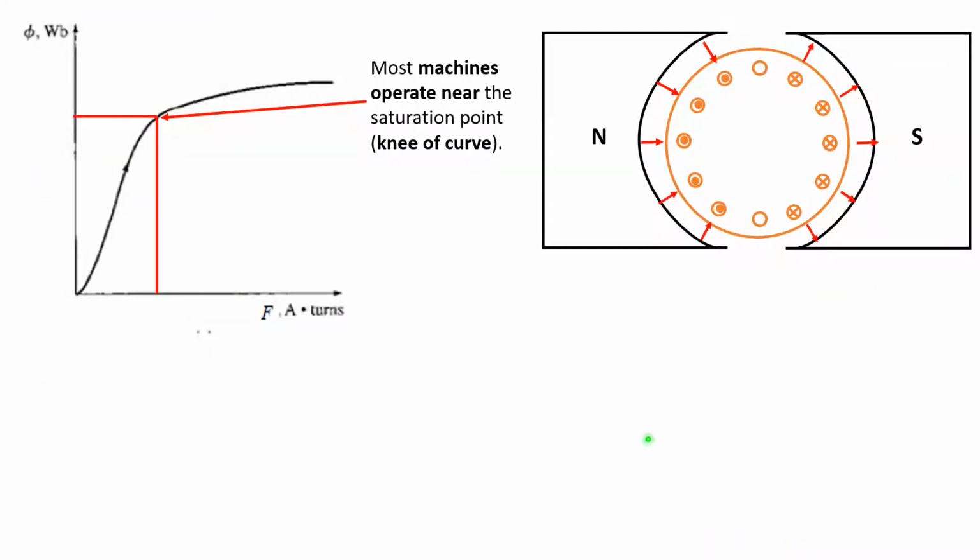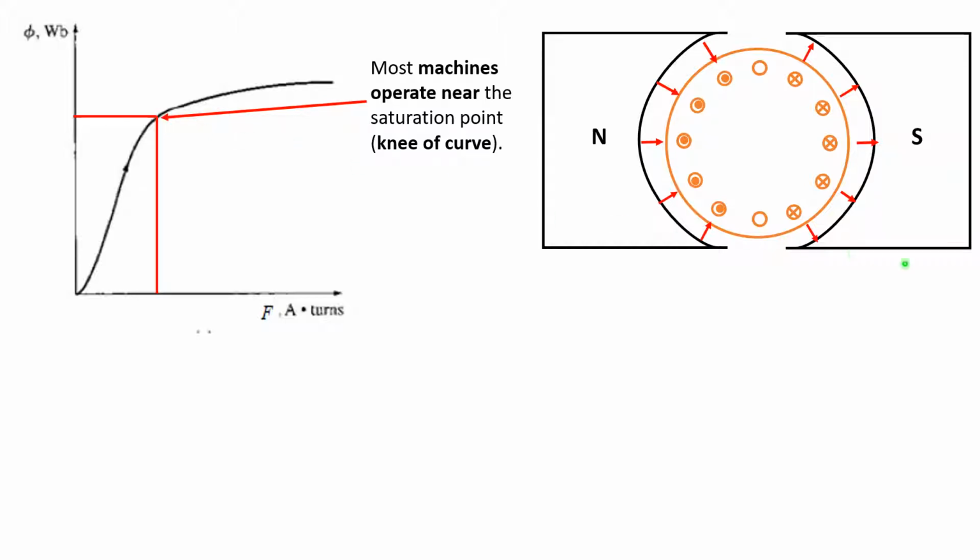A normal DC machine without load connected would have a balanced magnetic field as shown in the figure here on the right, where everything is balanced on the left and right, and the vertical middle line is called the neutral plane. Now most machines operate near the saturation point of the BH curve, which is shown here in this point. And this is called the knee of the BH curve.